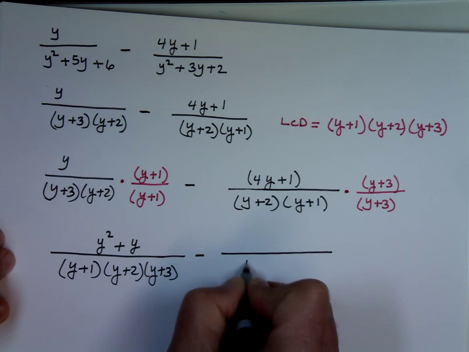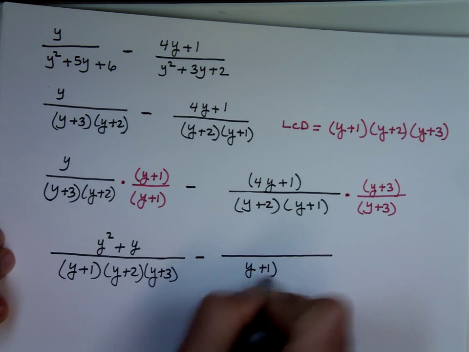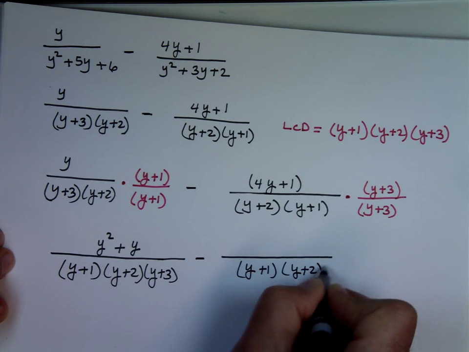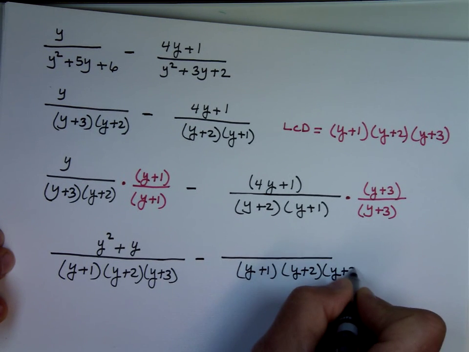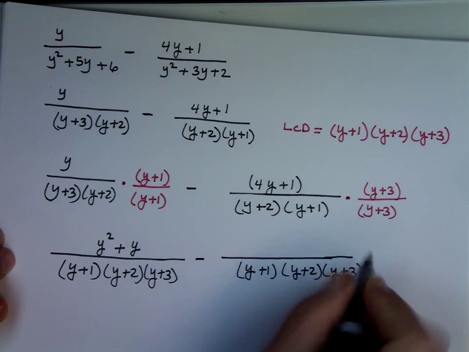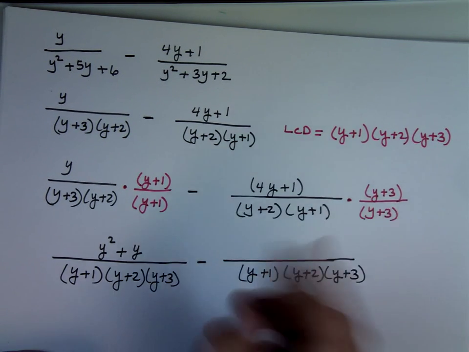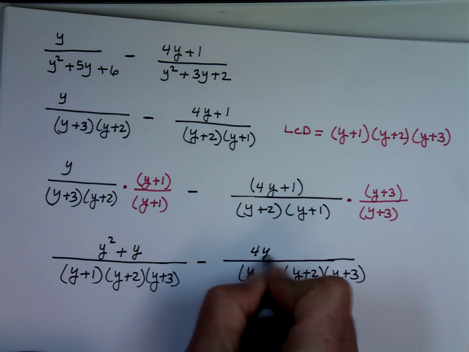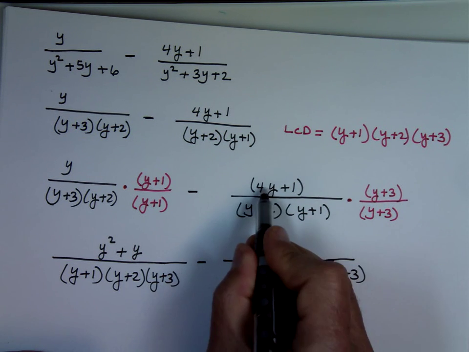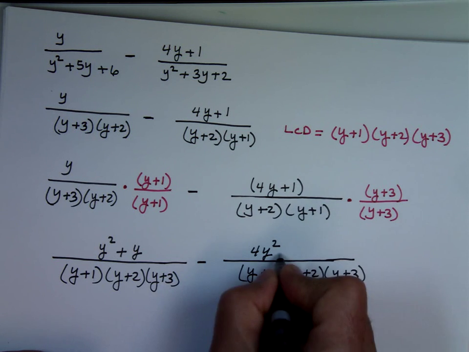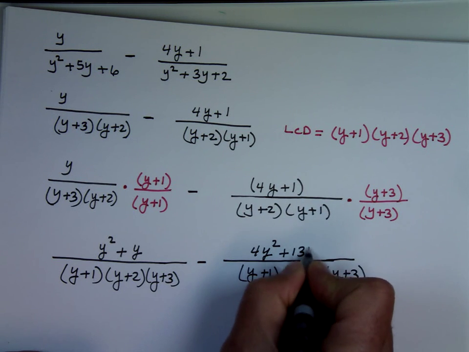Doesn't matter the order that you write them in here. If you use the FOIL method to multiply these two, what's 4y times y? 4y squared. 4y times 3 is 12y plus 1y, that's 13y. And what's 1 times 3? That's plus 3.